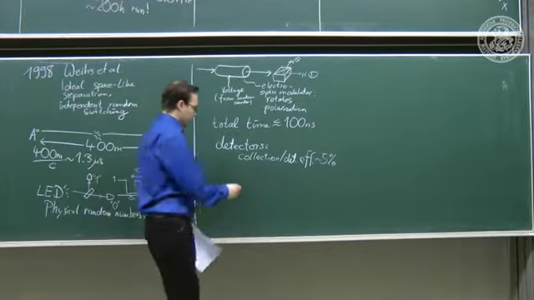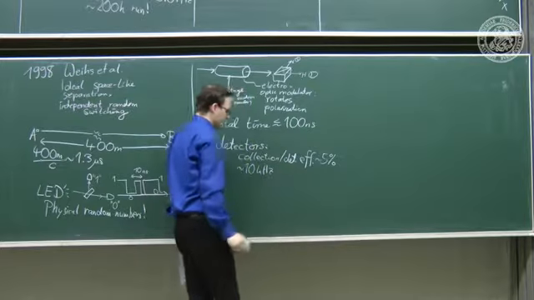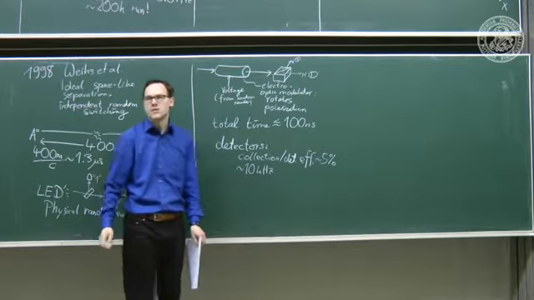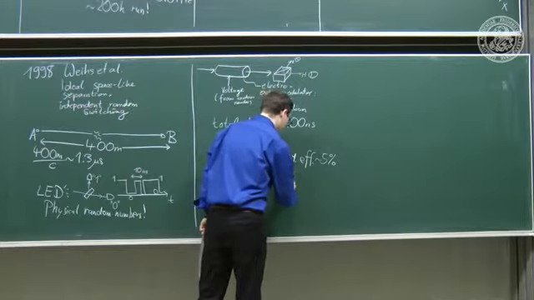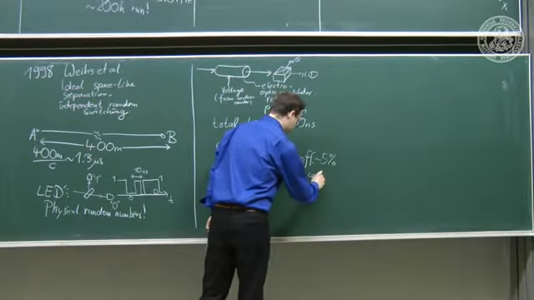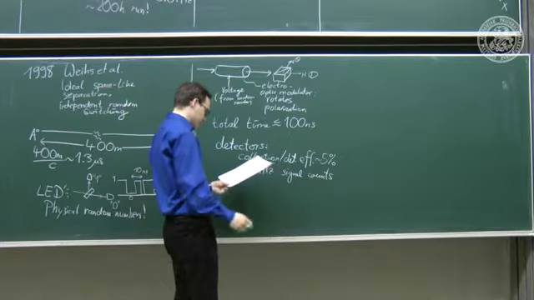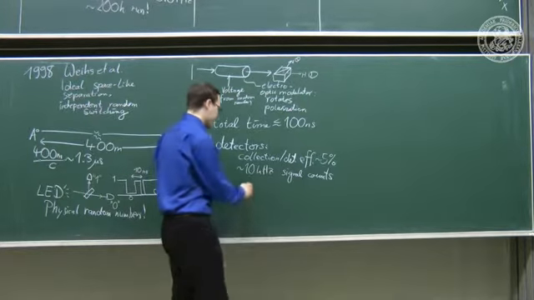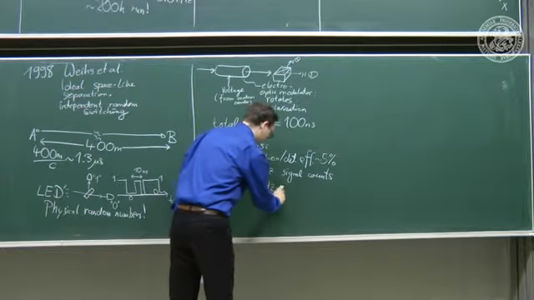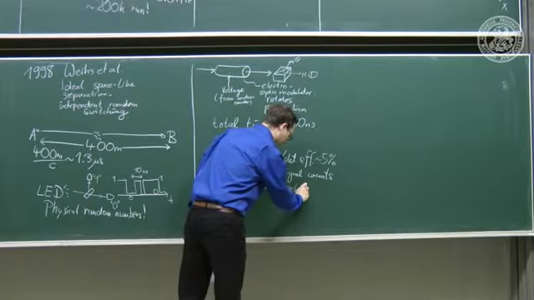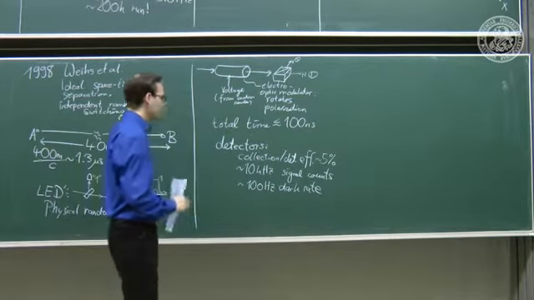You get, in their particular experiment, about 10 kilohertz signal counts, so 10,000 counts per second. And you still have a dark rate, but that's only 100 hertz. Okay.